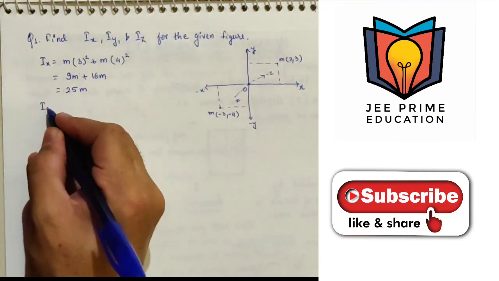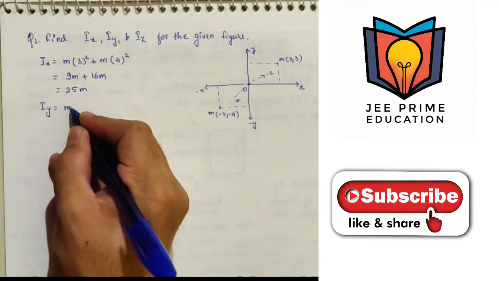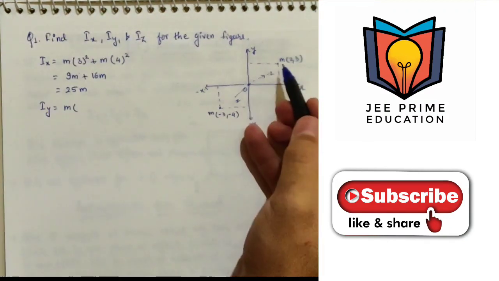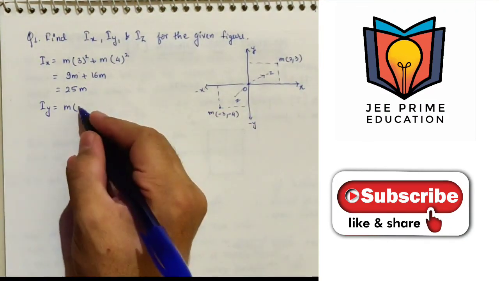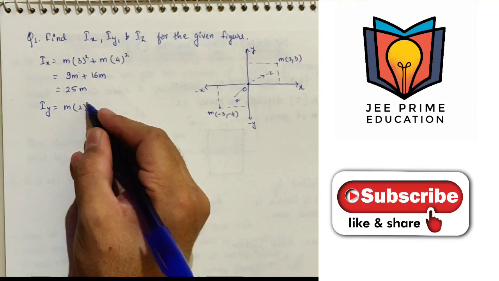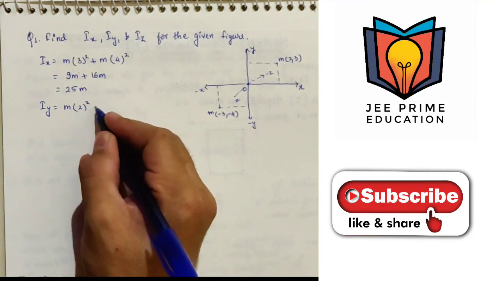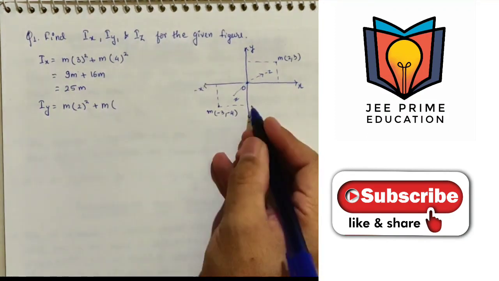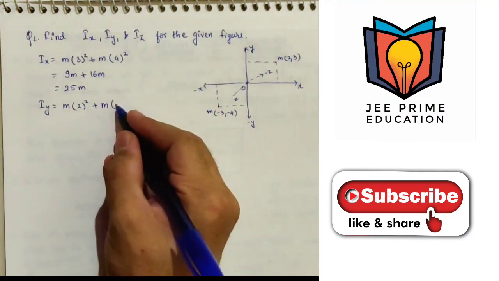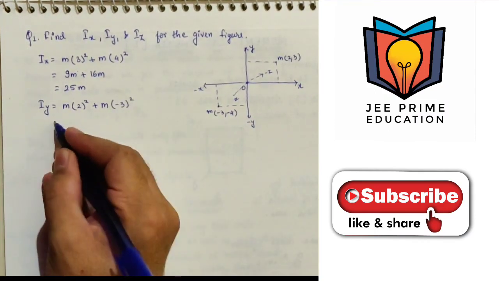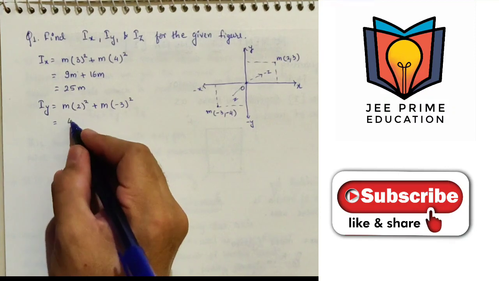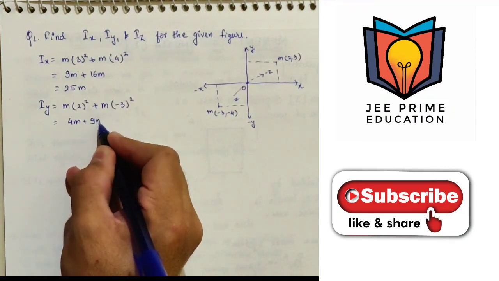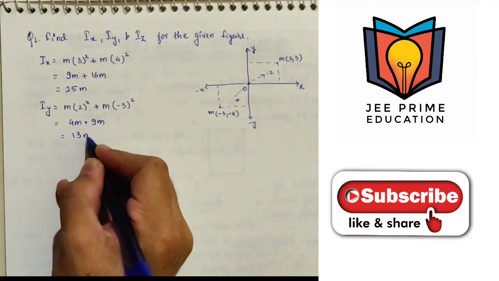Now Iy, m into distance from y-axis, which is 2 square plus m into distance from y-axis, which is -3 square. So we get 4m plus 9m, we get 13m.